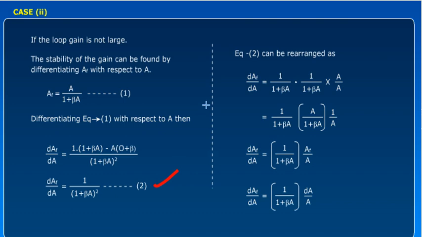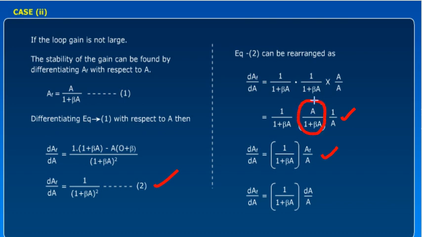Equation 2 can be rearranged for our convenience, writing 1 by 1 plus A beta, A by 1 plus beta A, and 1 by A. Here A by 1 plus beta A is nothing but AF.